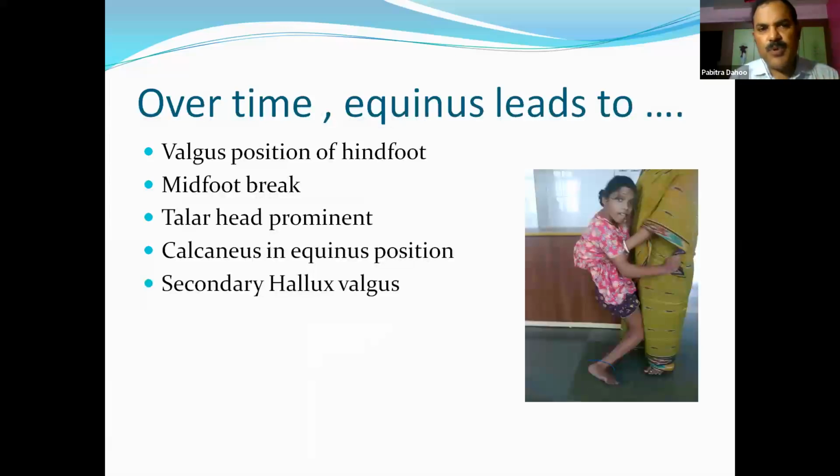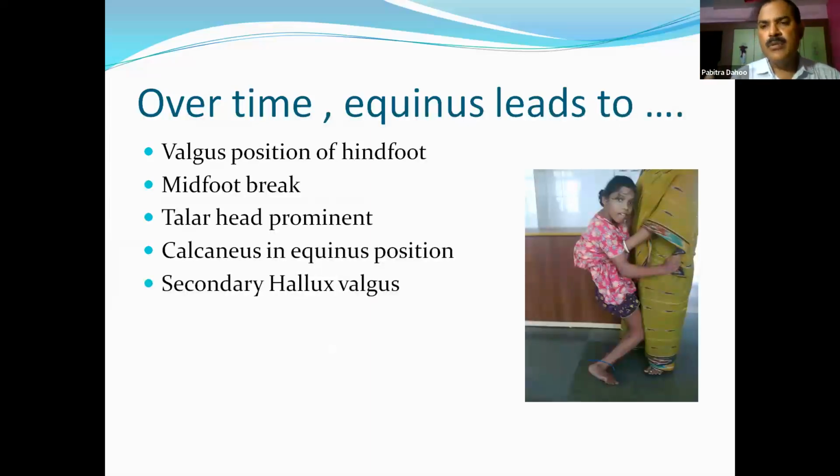If the equinus foot is not treated in case of diplegic, it goes through a certain series of events. Nowadays, because of the increased rehabilitation management in cerebral palsy, the lifespan of cerebral palsy children is increasing. We are getting CP children of 1 year, 2 years of age to the 25, 30 years age group.